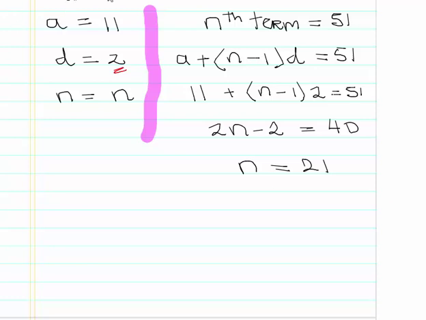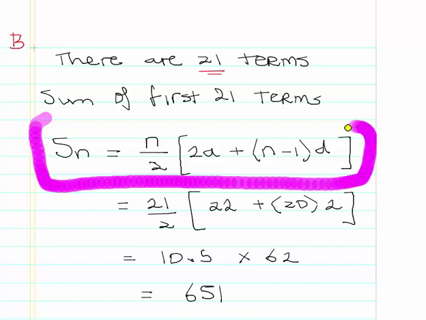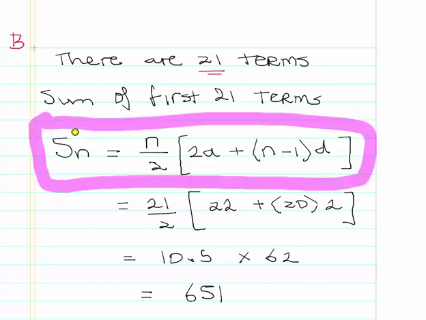That's important, we're going to need it now. There are 21 terms, so we're asked to calculate the sum of the first 21 terms. We're going to use this formula here. That's another one you have to know off by heart.